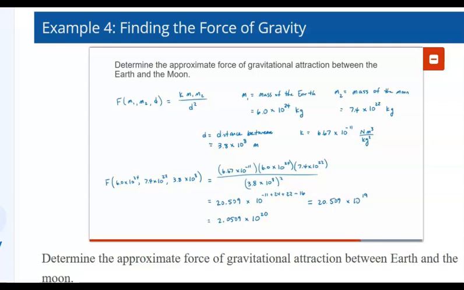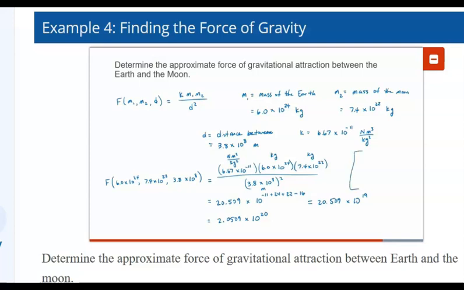Another thing that is also required to complete this problem is to think about the units. In our problem, the very first constant that we had, that value of k, was in Newton meters squared per square kilogram. The masses of the Earth and Moon were both measured in kilograms.